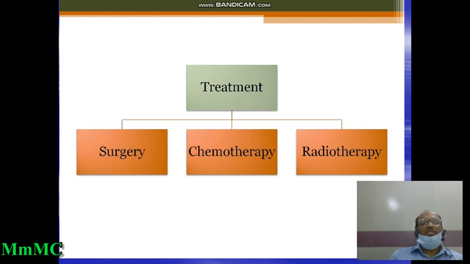Treatment. For any cancer, any malignant lesion, treatment is multimodality, which includes surgery and adjuvant or neoadjuvant therapy. Adjuvant is after surgery, neoadjuvant is before surgery. Treatment of carcinoma rectum, if we talk about modalities of treatment, that is surgery, chemotherapy, radiotherapy.